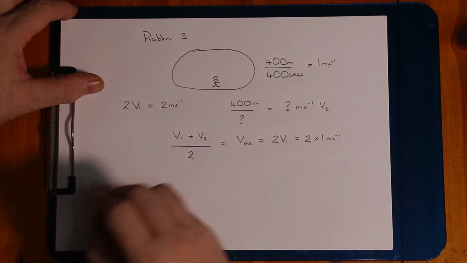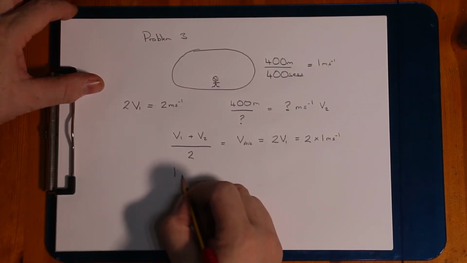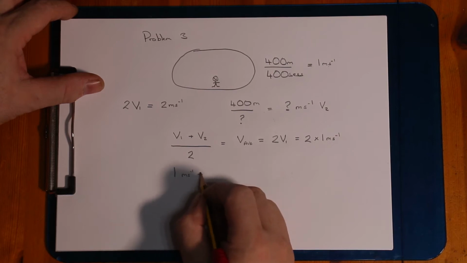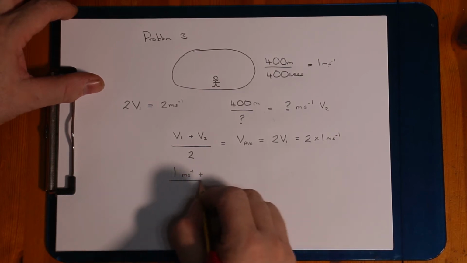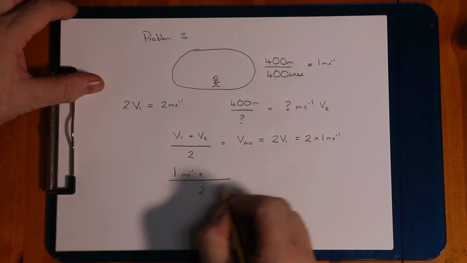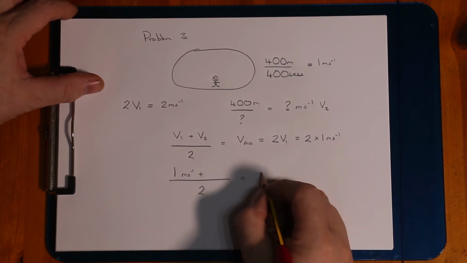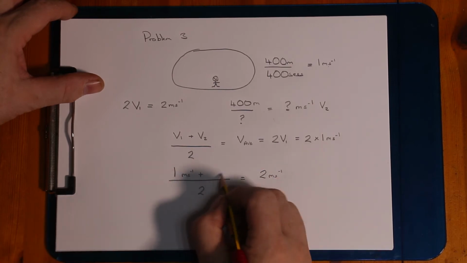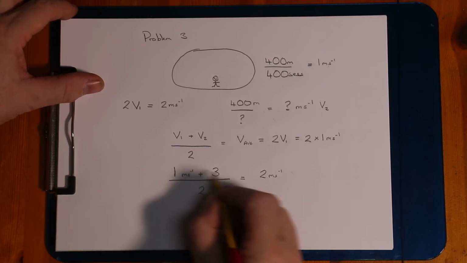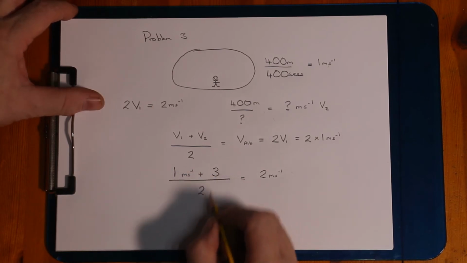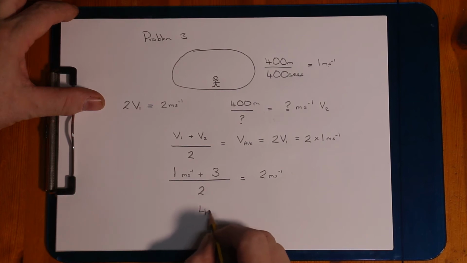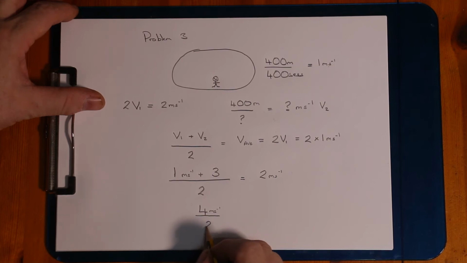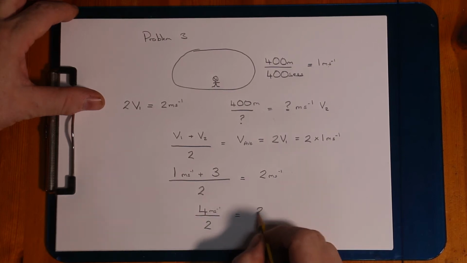So we've got 1 meter per second plus something else, divided by 2, gives me 2 meters per second. So this number has got to be 3, such that 1 meter per second plus 3 meters per second gives me 4 meters per second, or divided by 2, gives me 2 meters per second.